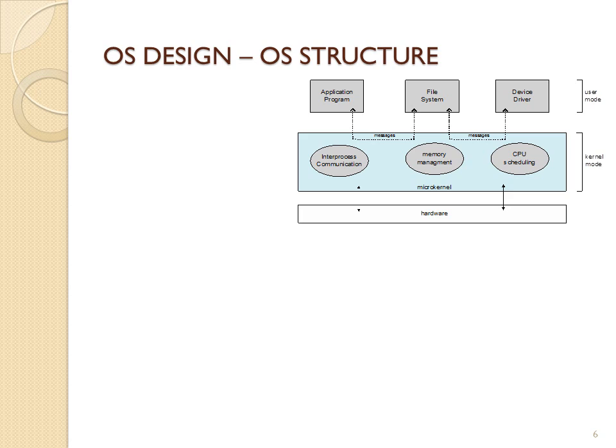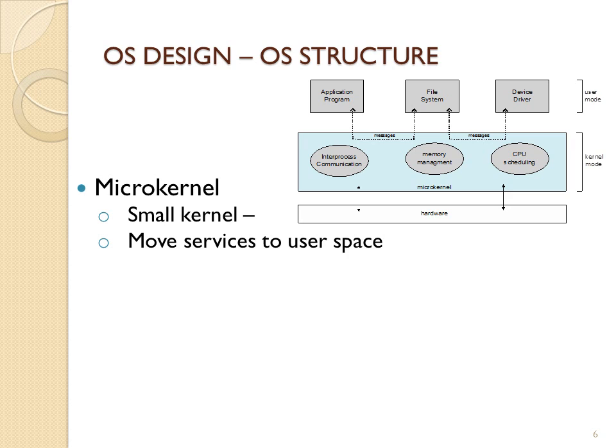So like I said before, the next design idea was a microkernel, and with this idea, it was to move most of the services out into the user space, run all those services as user applications, and have a very, very small kernel.